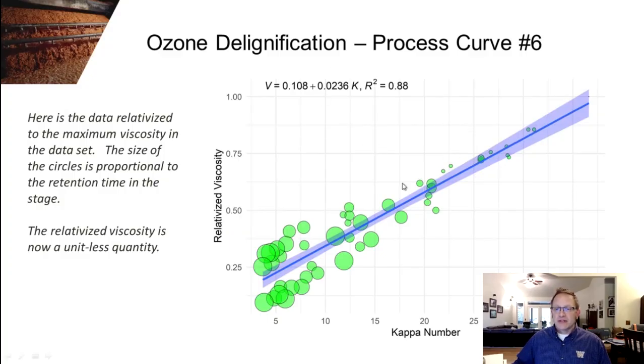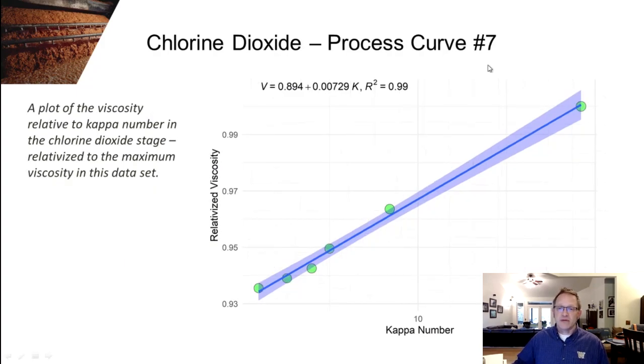So here's that graph of ozone, relativized viscosity. And as you can see, the slope of the line hasn't changed. The regression formula will be different because now you're comparing your kappa number to a relativized viscosity. Okay, but otherwise now it's a unitless quantity. And I can do the same thing for the chlorine dioxide stage.